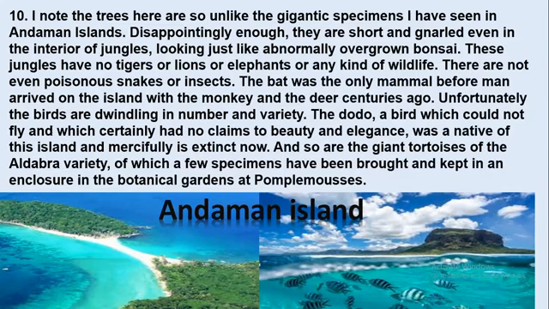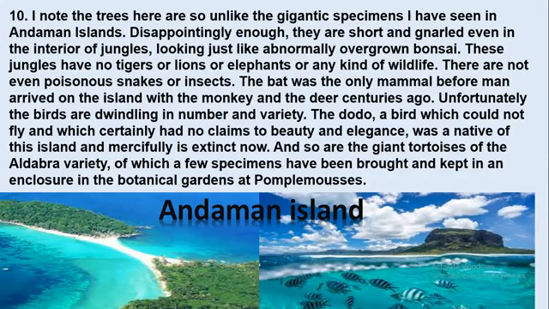Then he says that there are no tigers or lions or elephants or any kinds of wildlife here, nor even poisonous snakes or insects. Then he says the bat was the only mammal before man arrived on the island with the monkey and deer centuries ago. So these are the few animals which you can find here.